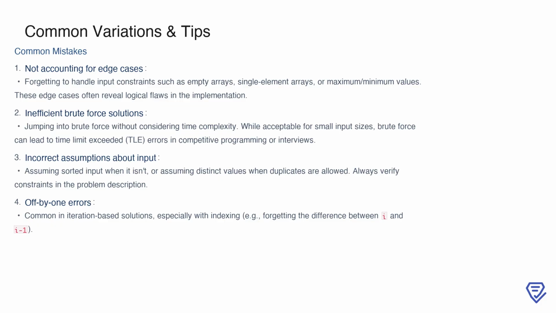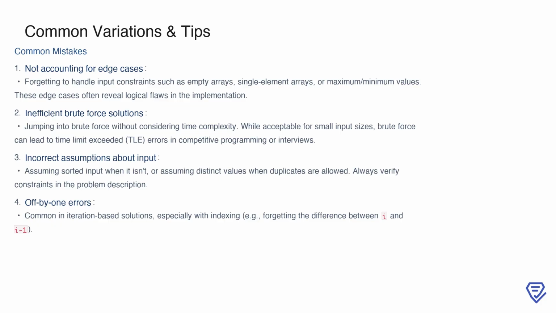Another mistake is making incorrect assumptions about the input. For instance, assuming the input is already sorted when it isn't, or assuming all values are distinct when duplicates are allowed. Always double-check the problem description for constraints. Finally, off-by-one errors are very common, particularly in iteration-based solutions.